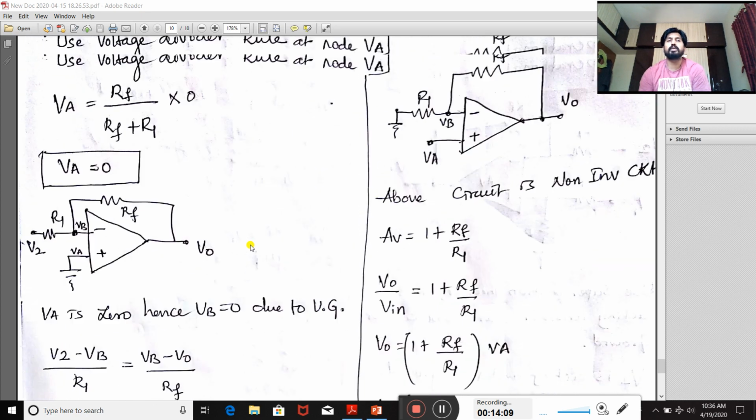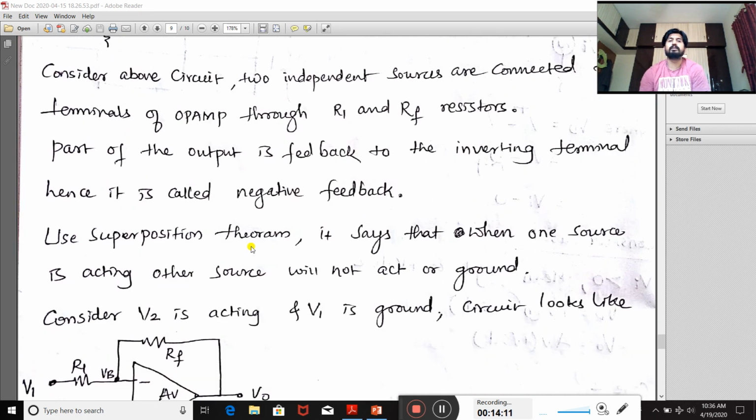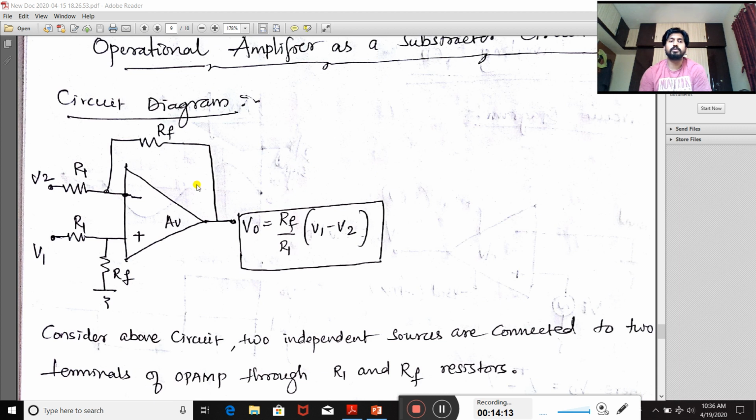What you need to do is just go with the basics. First you need to draw this circuit diagram, try to write the equation. So this only we have achieved at the end. V naught is equal to RF divided by R1 into V1 minus V2. If RF and R1 both are the same, then V naught is equal to V1 minus V2, which acts as a subtractor circuit.